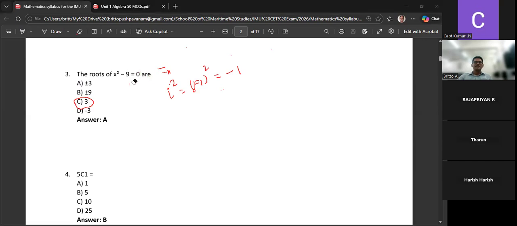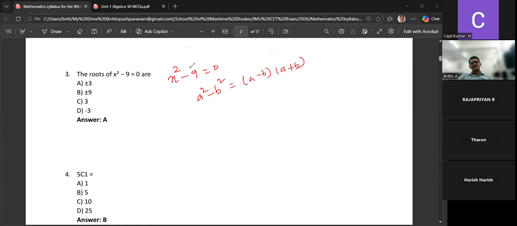So the question is: the roots of the quadratic equation x squared minus 9 equals 0. You know, to solve a quadratic equation you can use either the formula or factorization, but here you can use the formula a squared minus b squared equals (a minus b) into (a plus b).